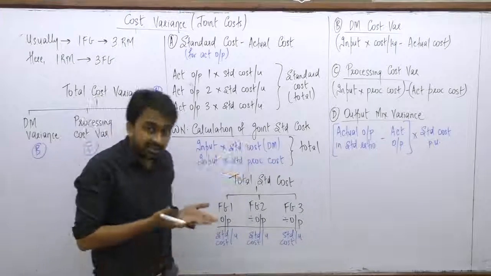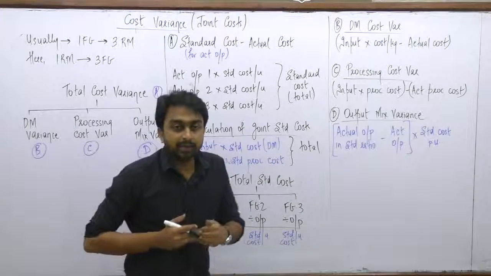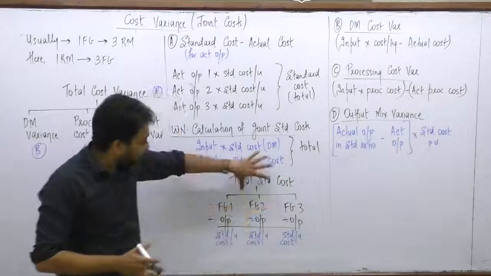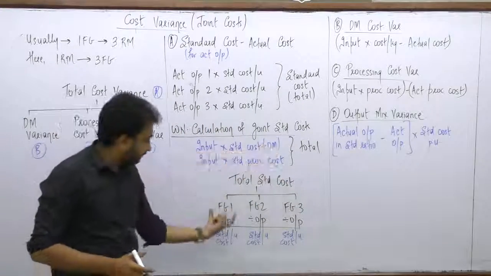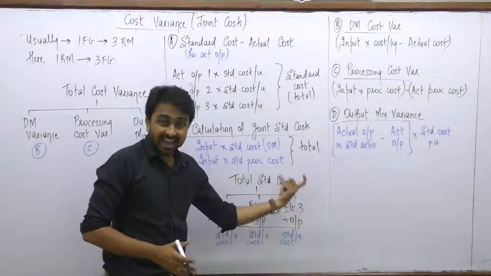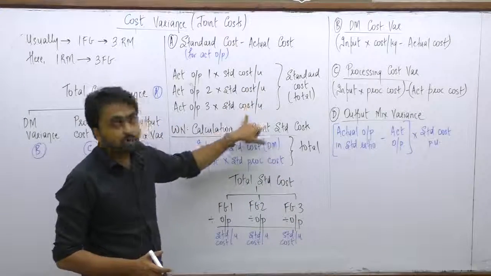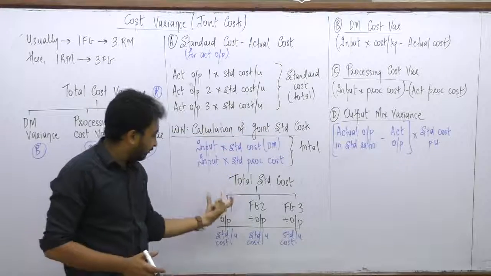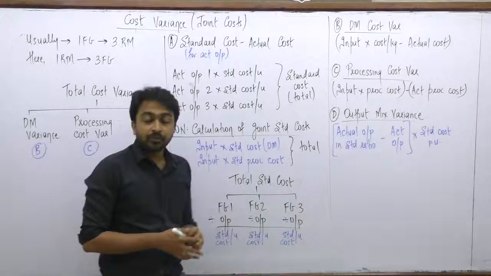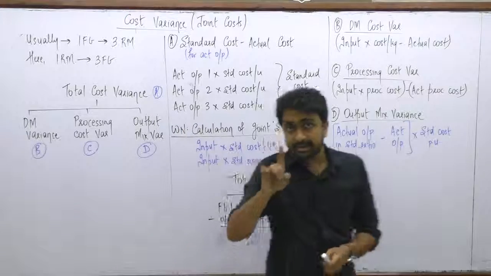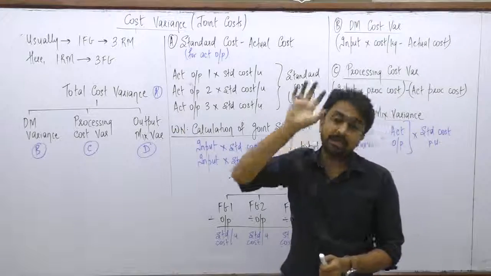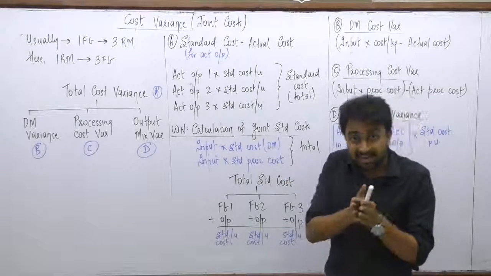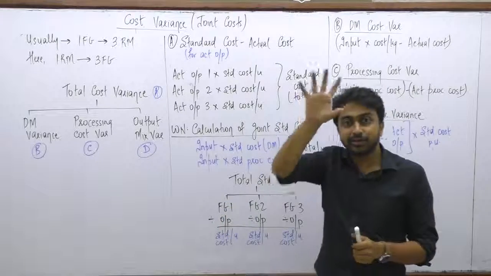See, this is my input price. Once I input materials, I get 3 FGs. So I need to allocate the common cost among FG1, FG2 and FG3, and this is how I'll get the standard cost per unit. So once I get total standard cost, I'll allocate between FG1, FG2, FG3. Now remember, in my inter CA, I had this chapter of joint product and byproduct where I used to allocate the cost using the sales value method.